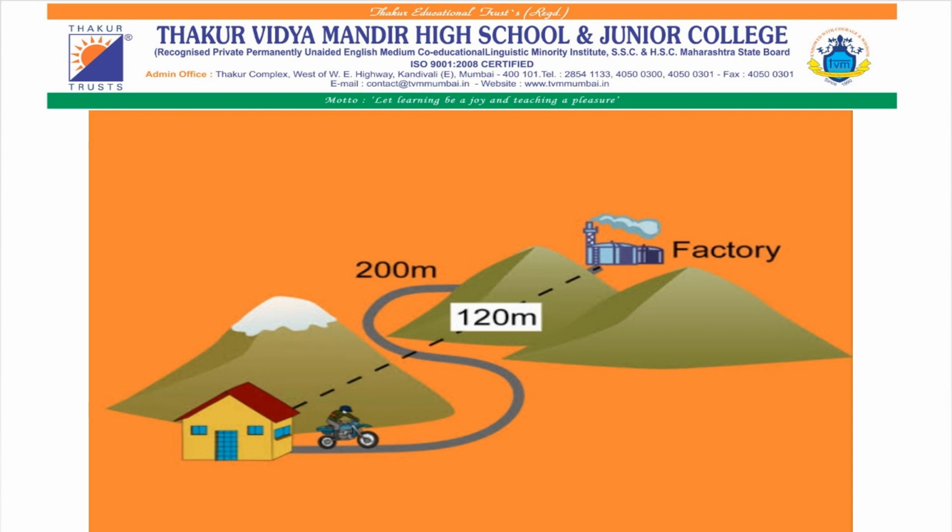So this shortest distance is known as displacement, whereas the actual path, that is 200 meters, is known as distance.